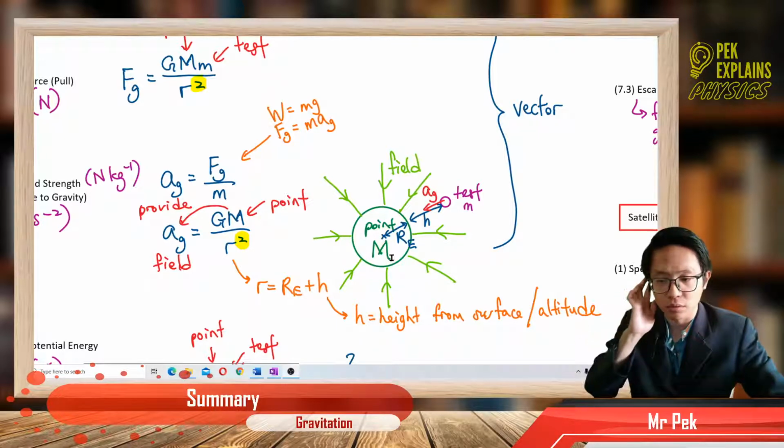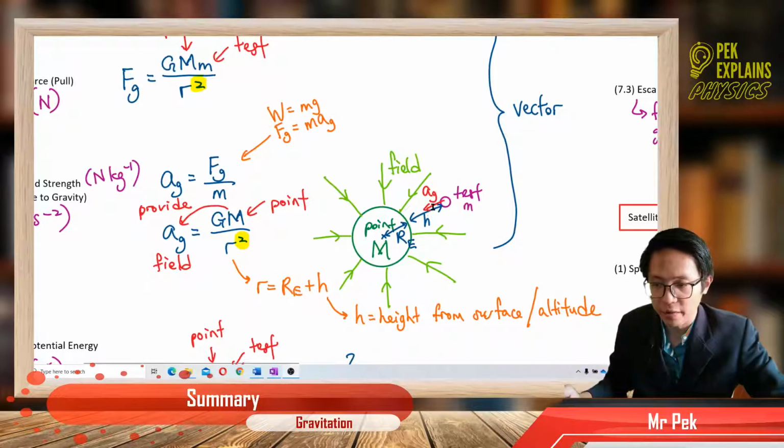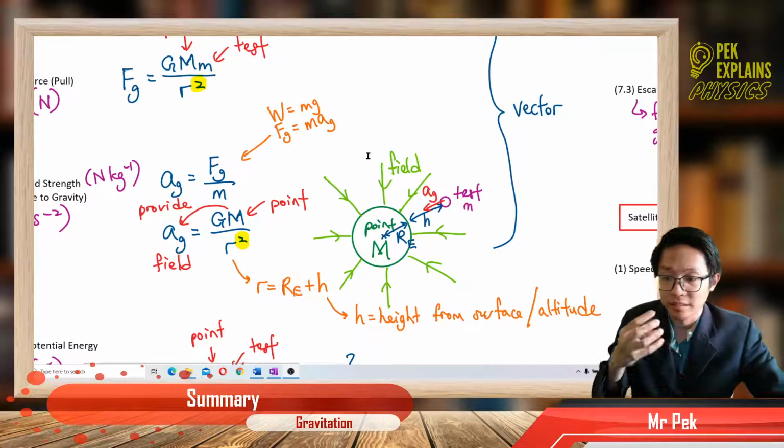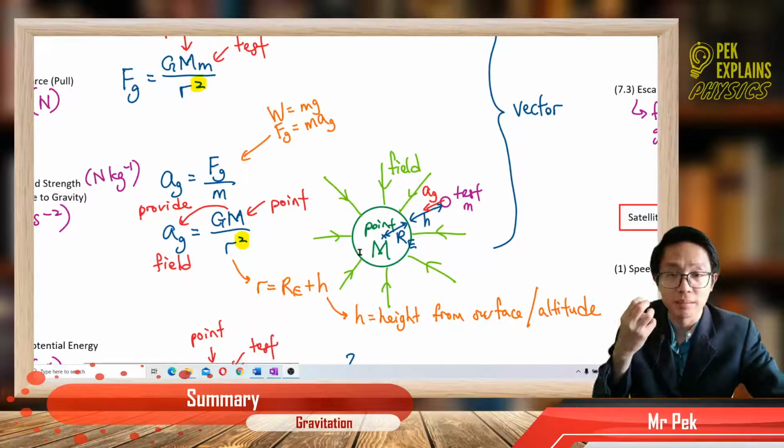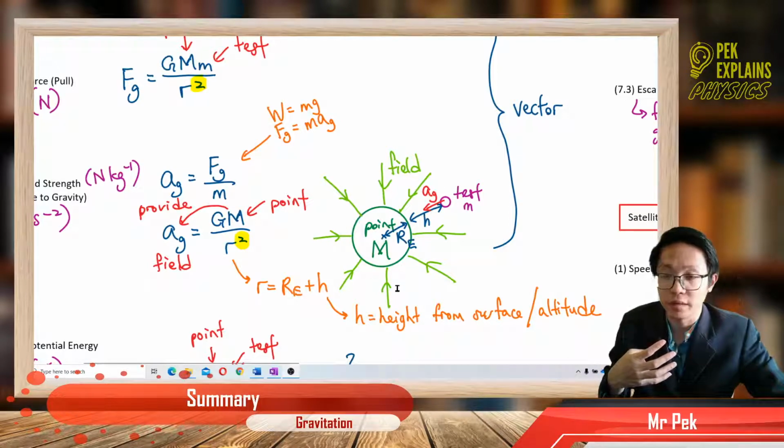So how to find the gravitational field strength experienced by the test mass? The strength of this gravitational field all depends on the point mass. The bigger the point mass, the stronger the gravitational field around it.